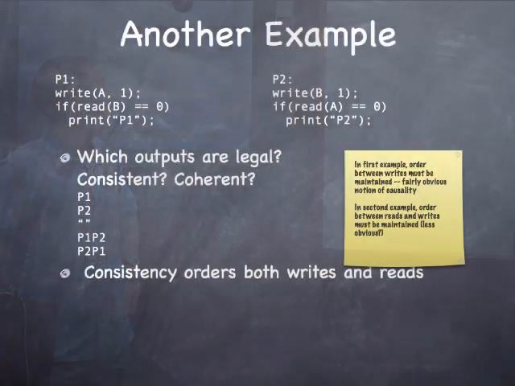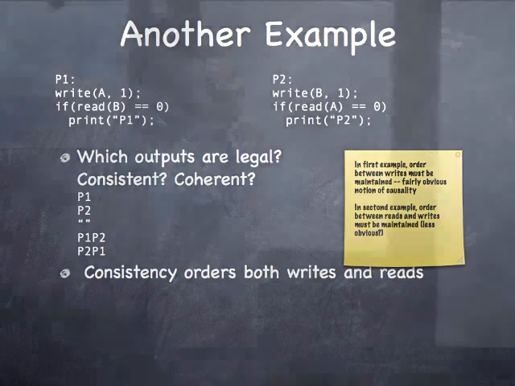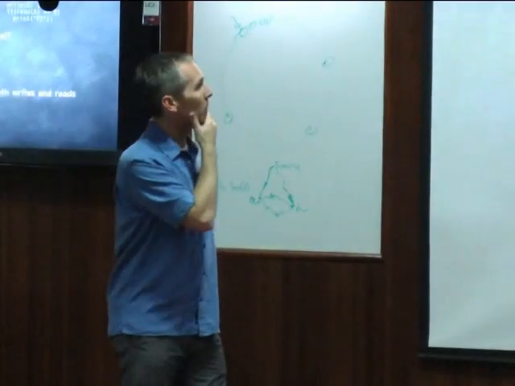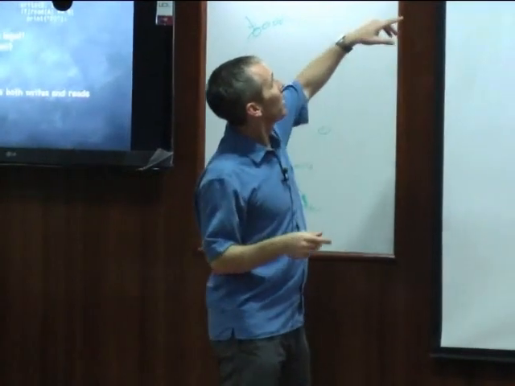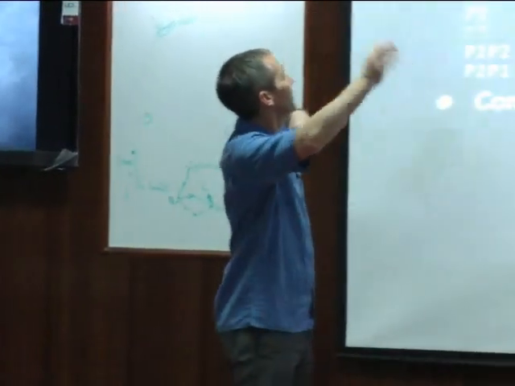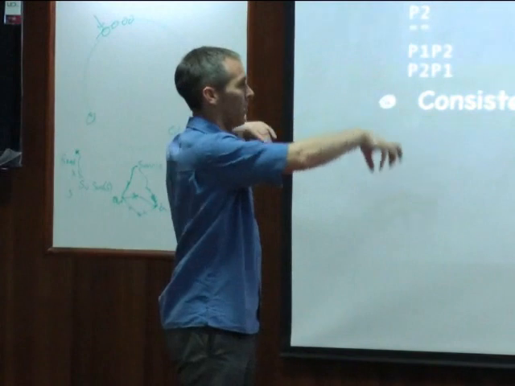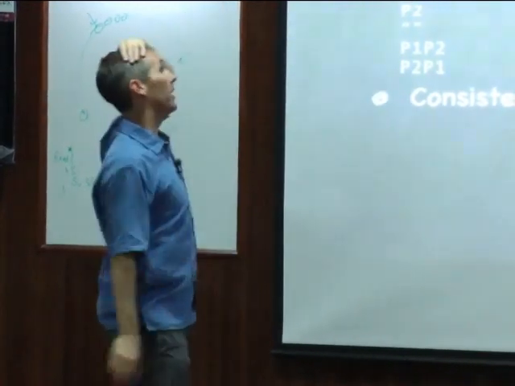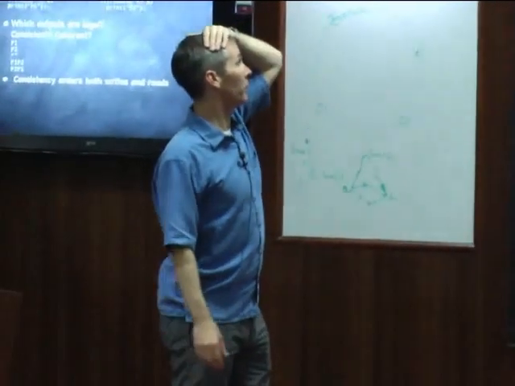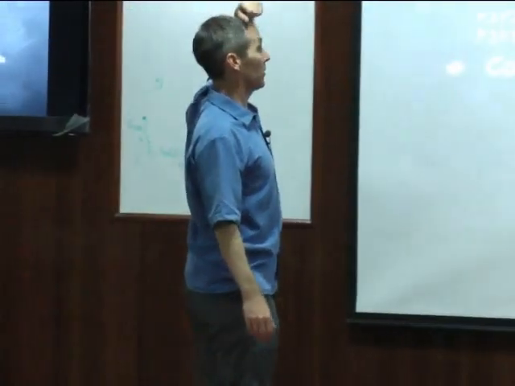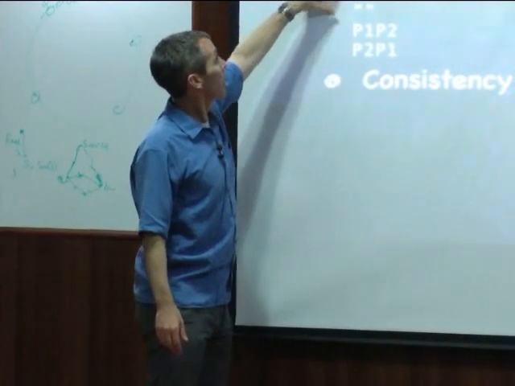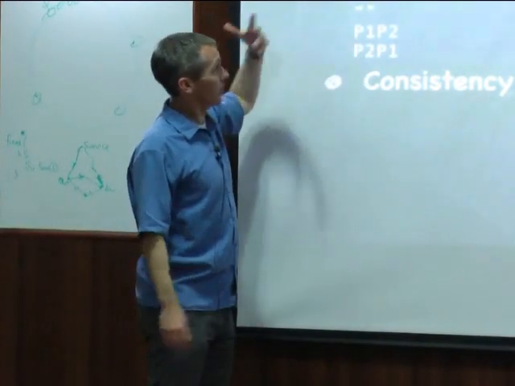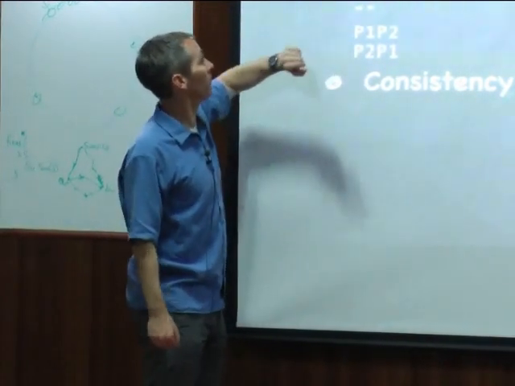Okay, so just to finish up the inconsistency, this is another classic example. Suppose I run a race, and each process tries to set a flag, and then if the other process has not yet set the flag, it can print out, I won. And so which of these outputs are legal under a strongly consistent system or a strongly coherent system?